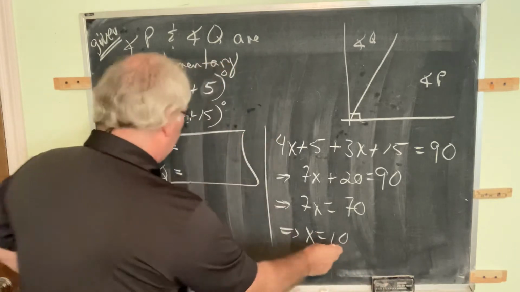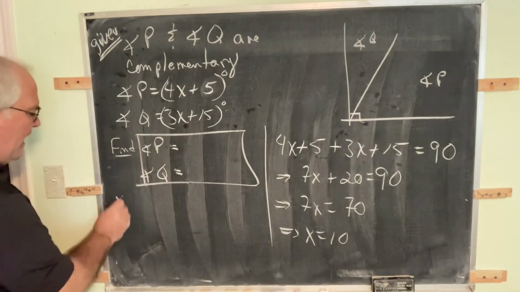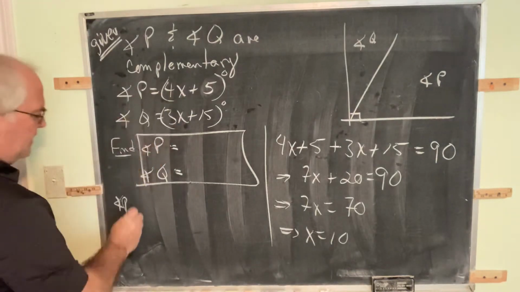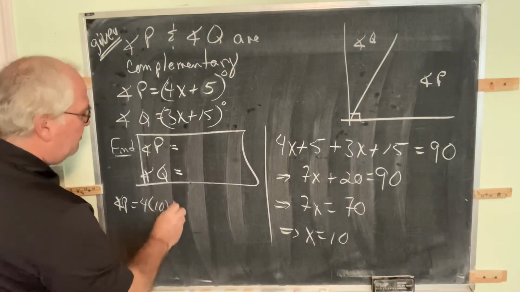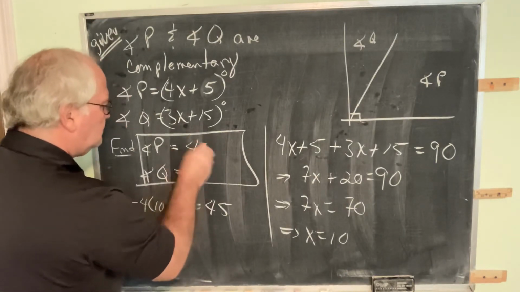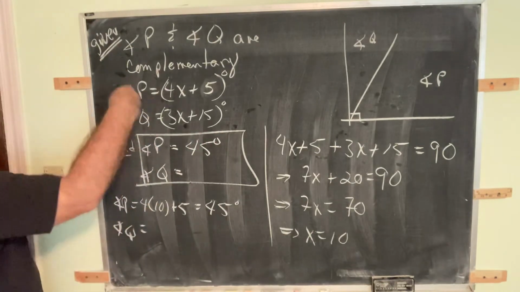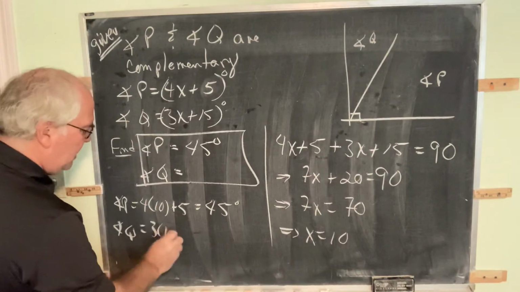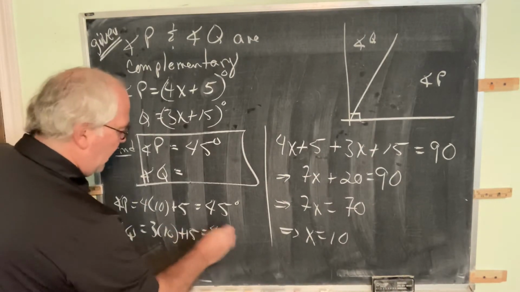Remember, we're not finished until we find our results, right? So we know angle P is 4 times 10 plus the 5, which is 45. And we know angle Q is whatever this says: 3 times 10 plus 15 is equal to 45.